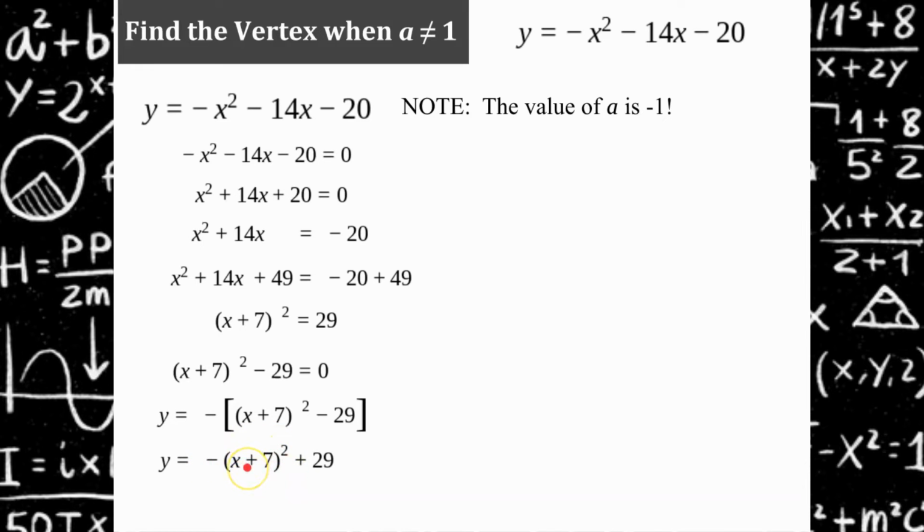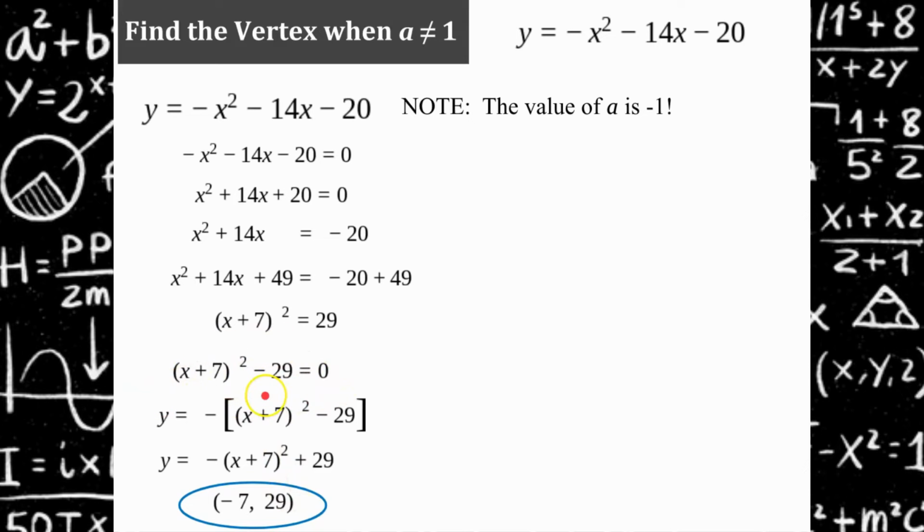So negative times x plus 7 squared, and then negative times 1 times -29 is positive 29. This right here is where students will make the error, forgetting to put the a back in there. So we have our vertex. This will be -7 because it's add 7, so it would be subtract -7, giving me an x-coordinate of -7, and my y-coordinate is positive 29.